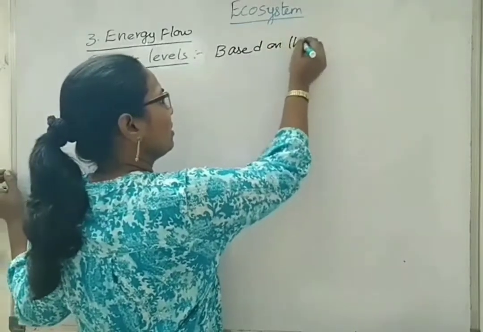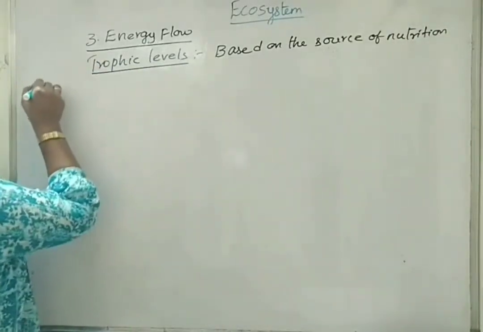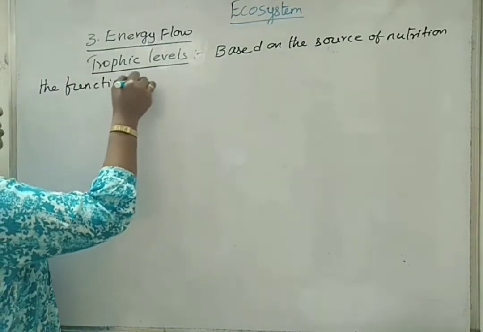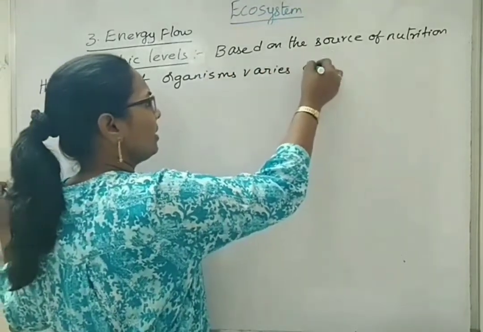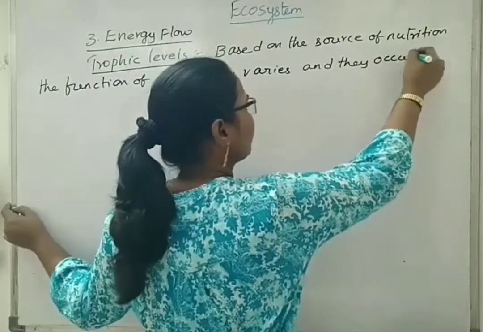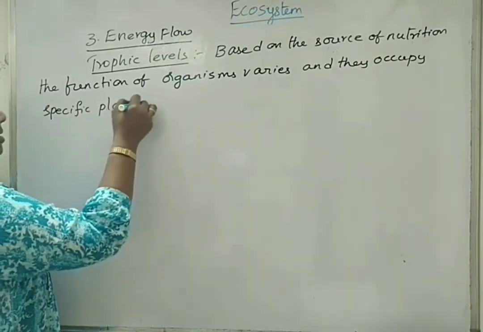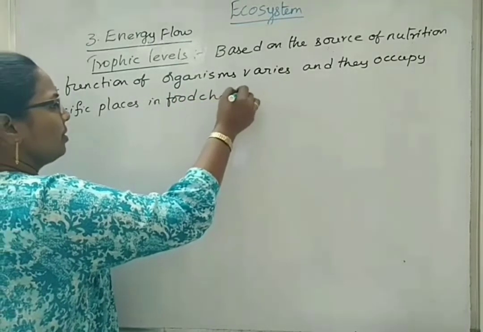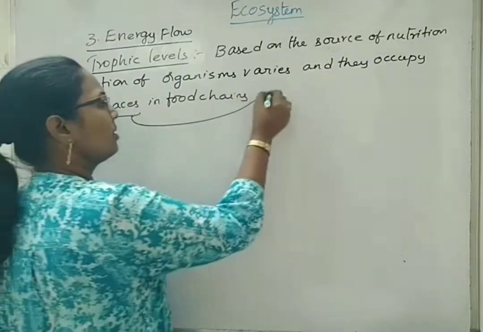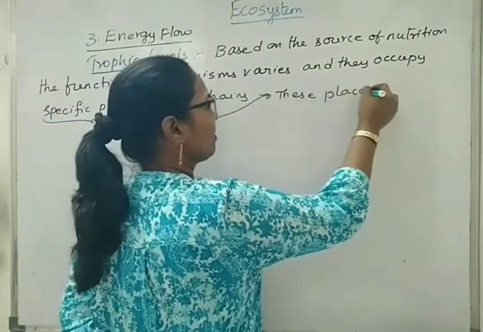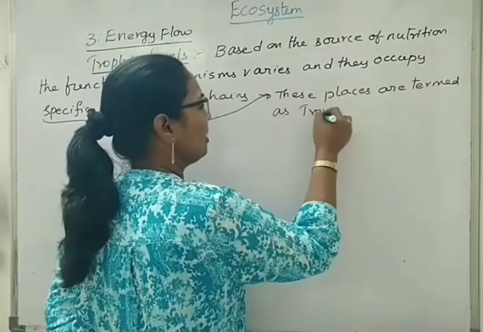Based on the source of nutrition, the function of organisms varies and they occupy specific levels or specific places in food chains. Now, we are giving a term for these specific places: trophic levels.